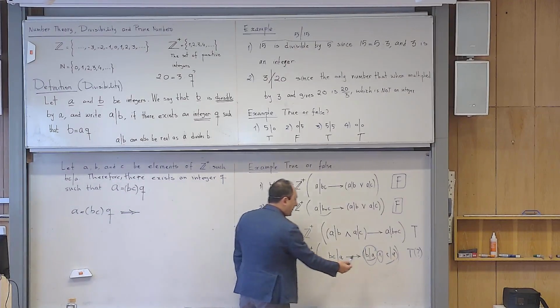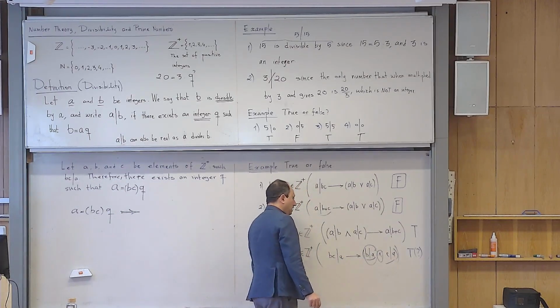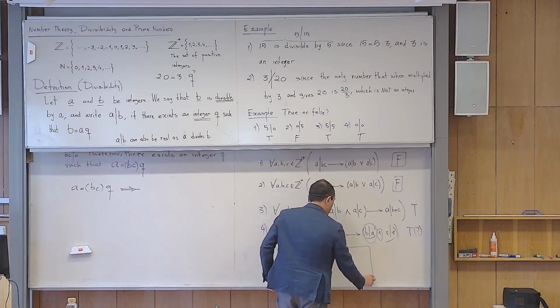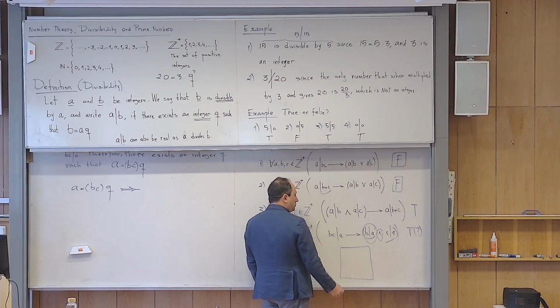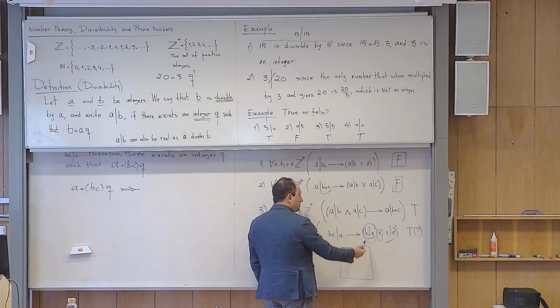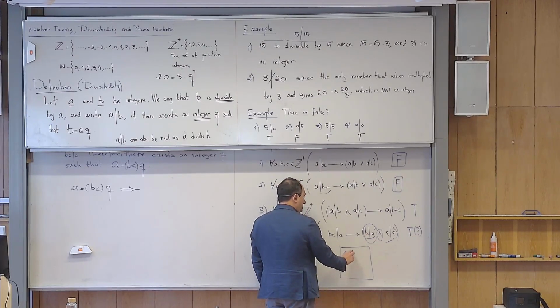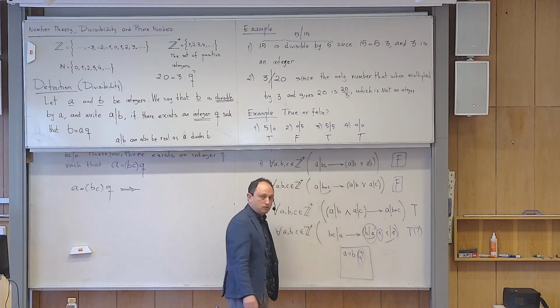You want to have this. If it is hard for you, you go to a scratch paper, you ask yourself, I want to prove B divides A. What should I do? What I need to do to prove this? I need to prove that the right-hand side is B times a Q, and then I need to convince myself that Q is an integer.